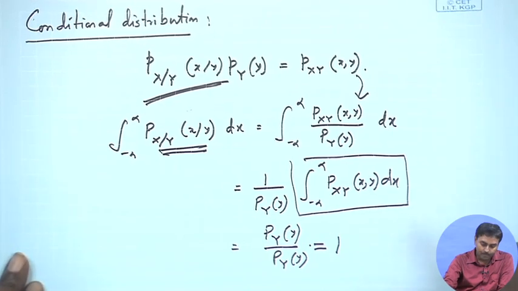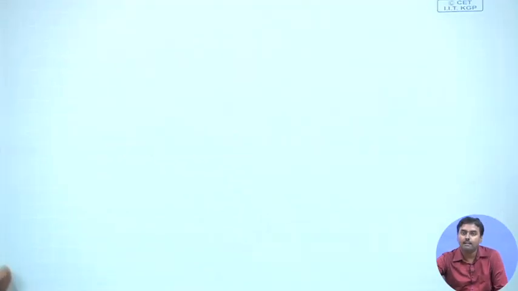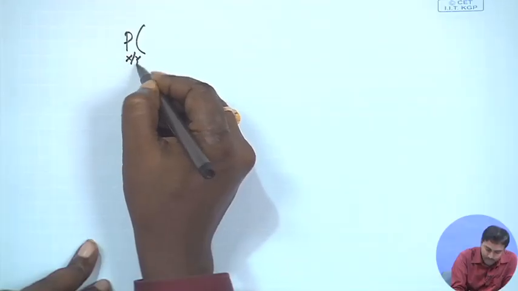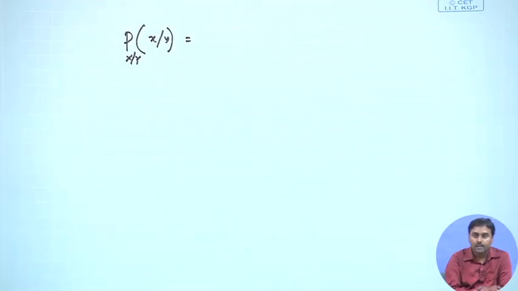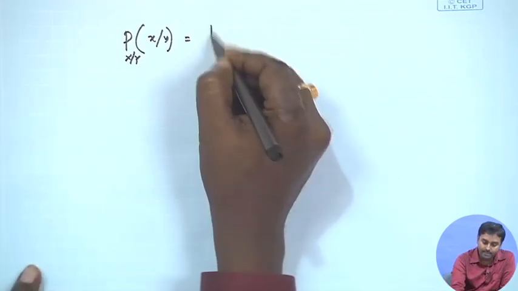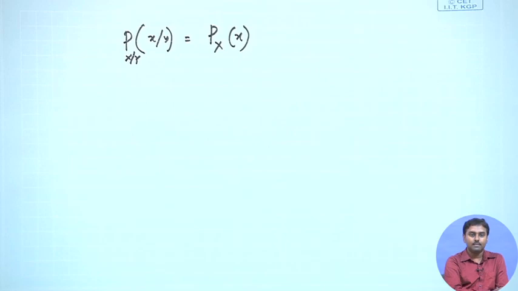Now, from conditional probability for the discrete random variable, we came to independence. The same thing we will do over here. x will be independent of y if p x given y does not depend on y. Whatever the value of y, I do not care, I will still get p x. If this is happening, then I know that it is an independent event, meaning x does not depend on the occurrence of y.